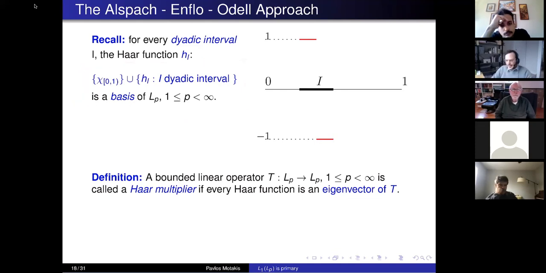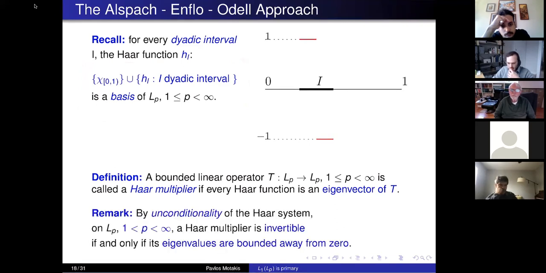There is a remark that I would like to make: when we escape p equals 1 and we are in this range here, then this Haar system as a basis has a property called unconditionality.